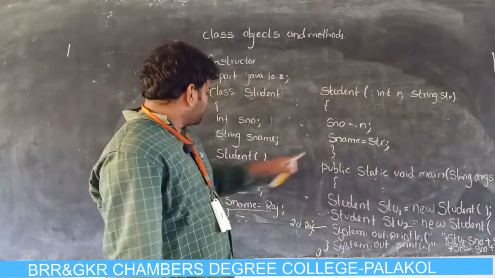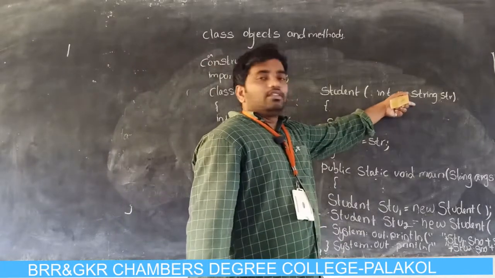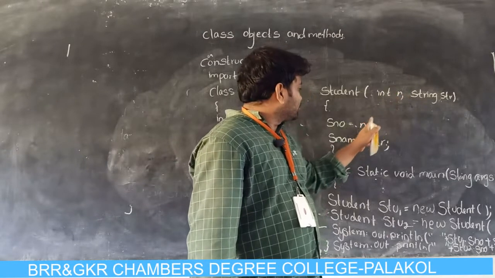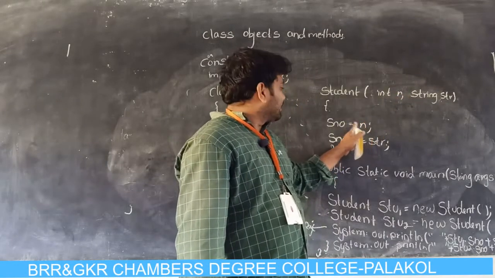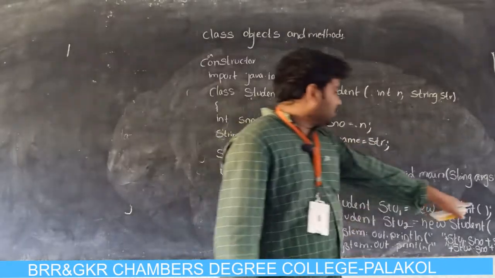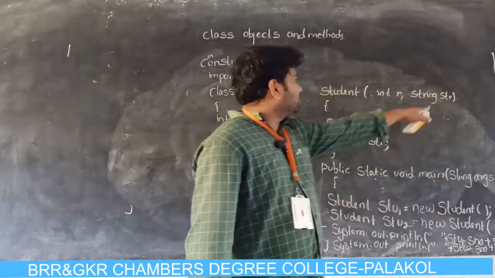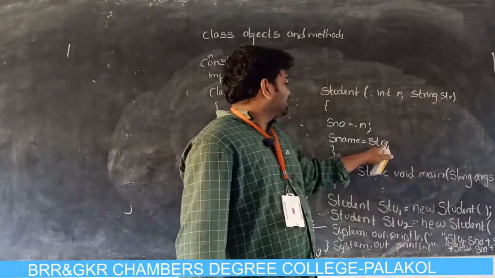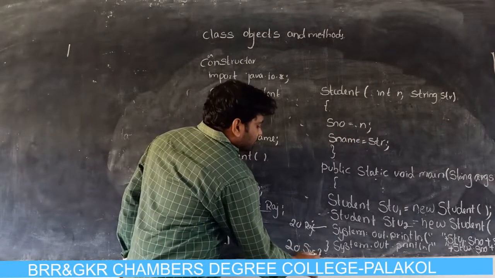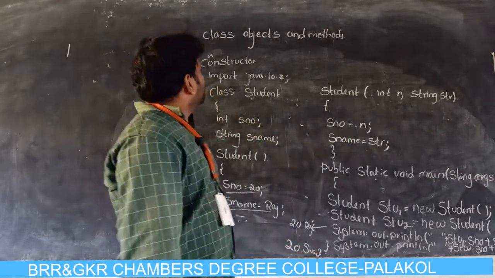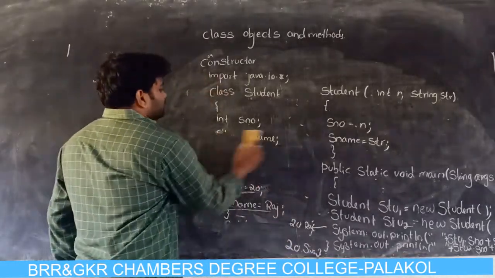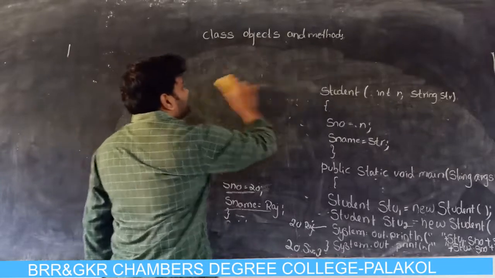The constructor with arguments is called: the 20 is substituted into n, so s number is 20. The other value, Shiva, is stored in str, and str is substituted into s name. The value is Shiva. Okay, this is the total information about the constructor. Next one, method overloading.